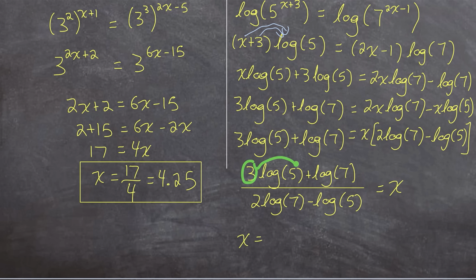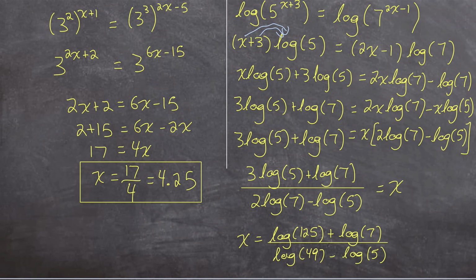This 3 could be moved as the exponent on the argument of the logarithm, making it log of 5 cubed, which is log of 125. And in the denominator, same thing with this 2, I could write it as the exponent on the 7, and 7 squared is 49. And now I can use the product and quotient rule of logarithms to simplify further. When adding logs with the same base, we can write them as a single log by multiplying the arguments. 7 times 125 is 875.